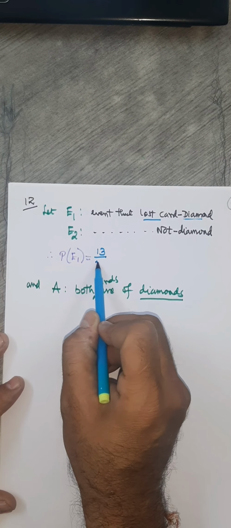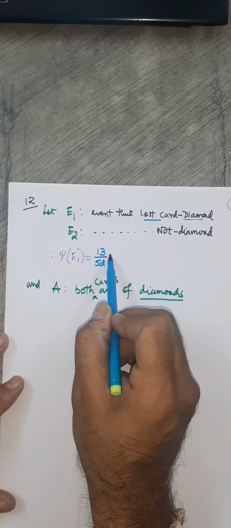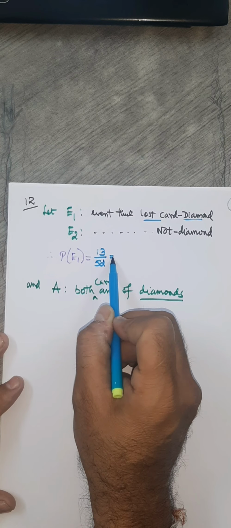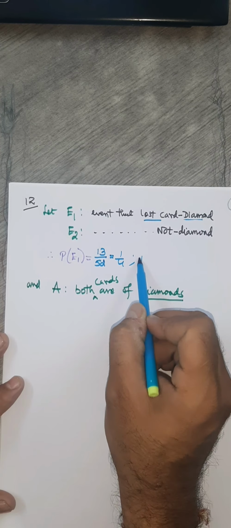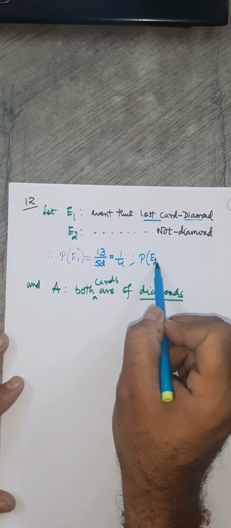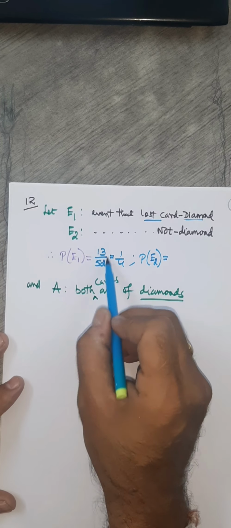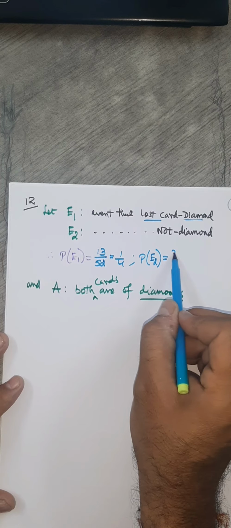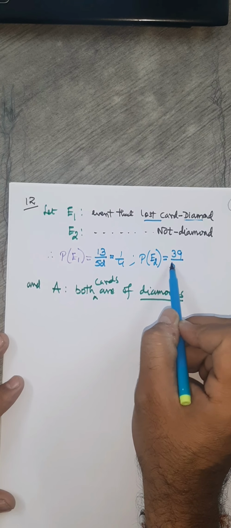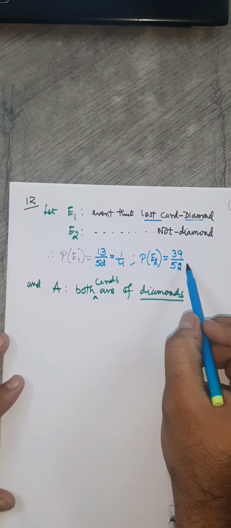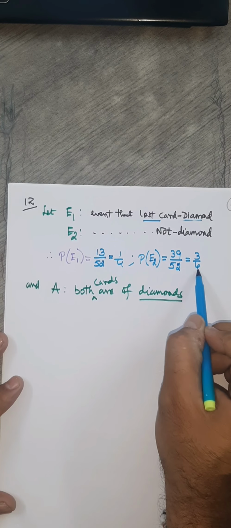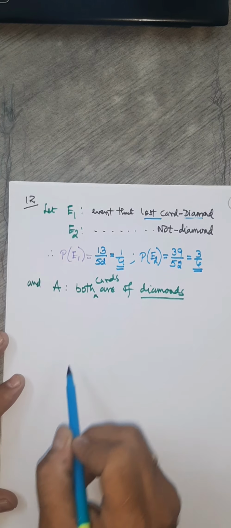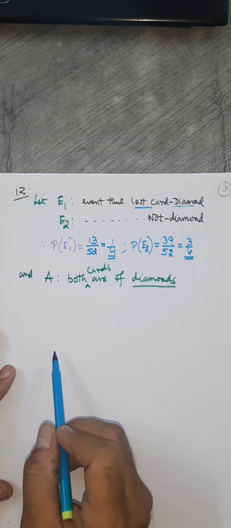So one diamond card, 13 by 52, which is, we know, just 1 by 4. Probability of the event E2, not of diamond, that is just the complementary event, remaining 39 cards out of 52 cards. So we will have here just 3 by 4. 3 by 4 plus 1 by 4, which is 1. Complementary events.